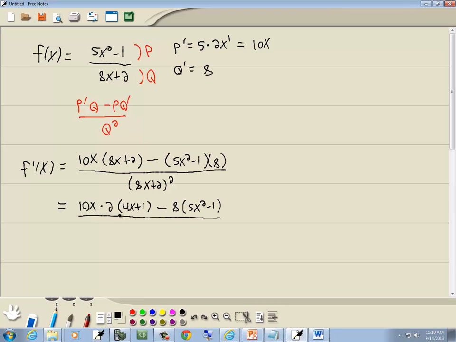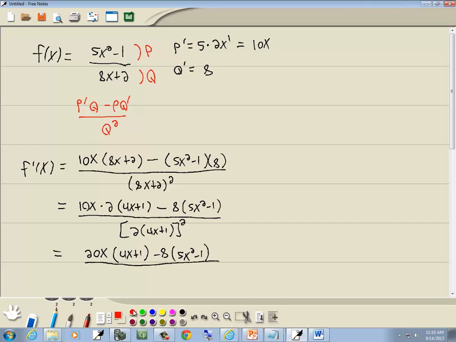And as bizarre as it seems, down here, these have a 2 in common, so I can factor that out. And that gives us 4x plus 1 squared. Now up on top, that gives us 20x times 4x plus 1 minus 8 times 5x squared minus 1.